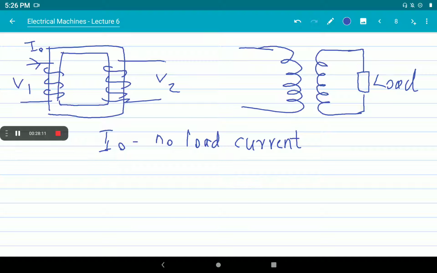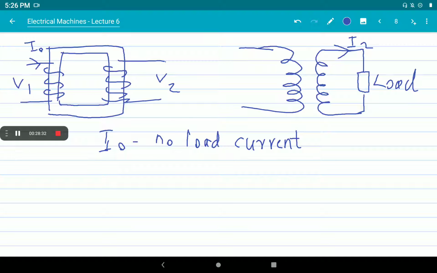When we connect a load on the secondary, what happens? It will be a closed circuit, so a current will flow through the secondary, which we represent as I2. When it is drawing a current I2, it will establish another flux.